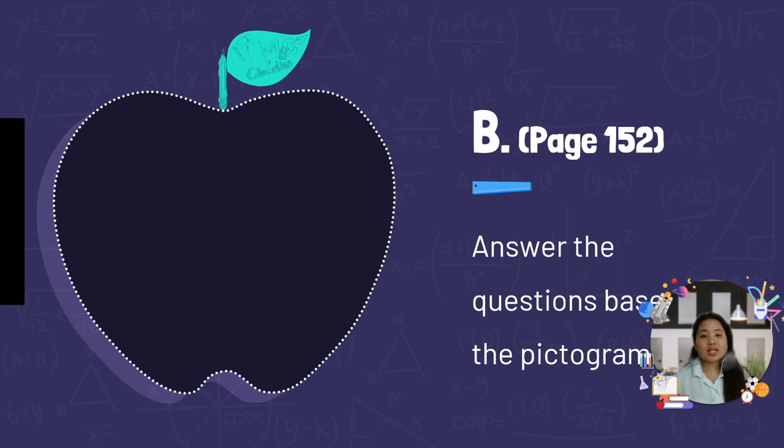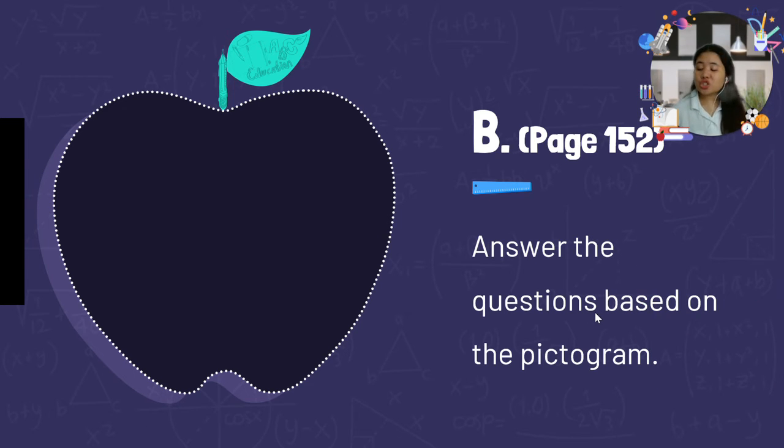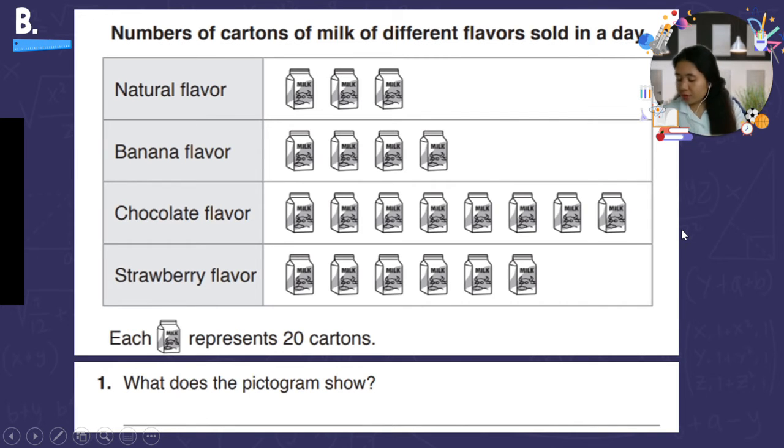Next page, 152. In letter B, we have to answer the questions based on the pictogram. So now we will read the pictogram already. So page 152. Okay, this is the table.